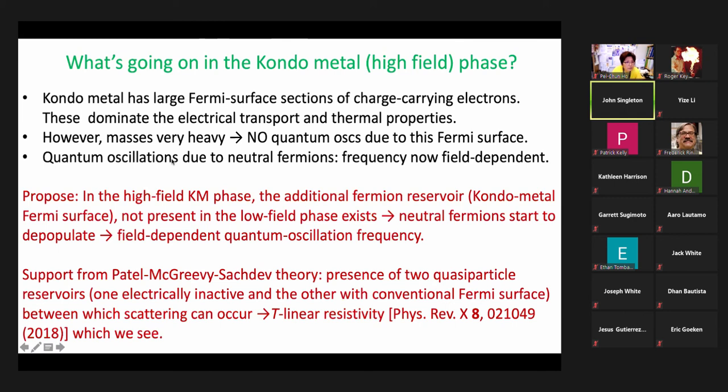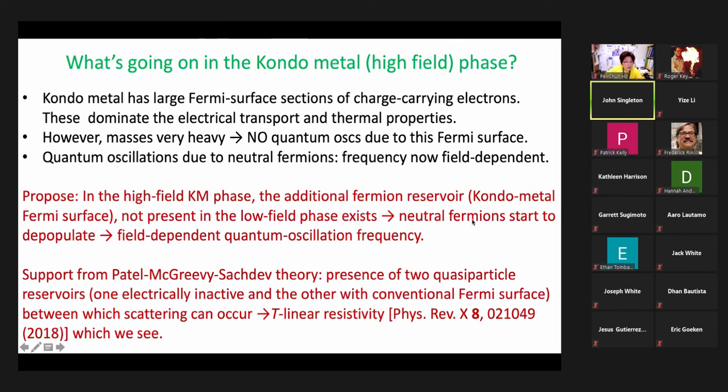However, we get quantum oscillations, and I think that they're due to neutral fermions, but their frequency is now field independent. So what we're proposing is in the high field condo metal phase, we have an additional fermion reservoir, which is the condo metal Fermi surface of conventional heavy electrons, and it's not present in the low field phase. It's now existing in the condo metal phase.